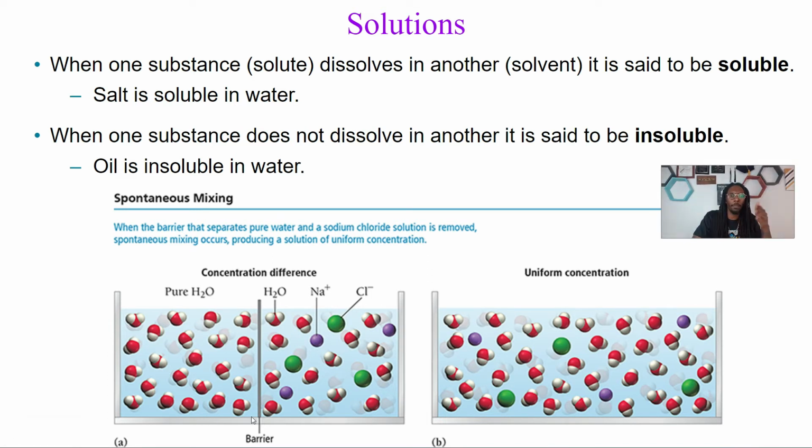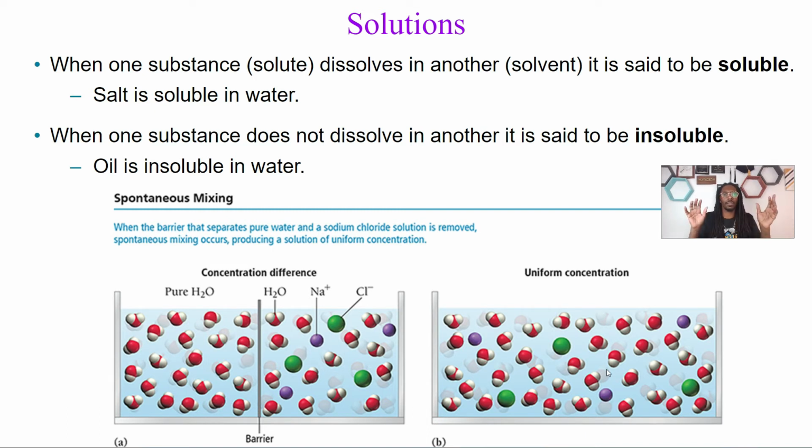Let's say we've got a barrier, with one side that has pure H2O, pure water, and the other side that has salt water in there, so that solution is on this side. Now, if we remove this barrier, we're going to see that it's going to be mixing together.